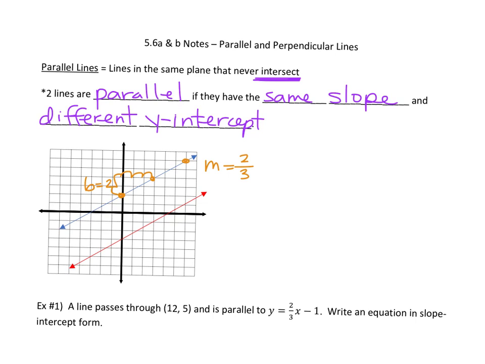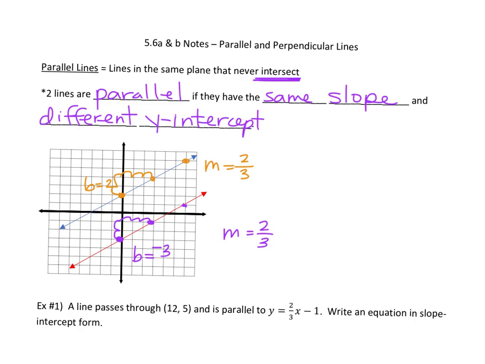Your y-intercept, your b, is what? -3, okay? And then my slope, here's another point on the line and another point on the line. My slope is up 2 over 3. So notice my slope is the same, but my y-intercepts are different, and those two lines are never going to touch. Okay?